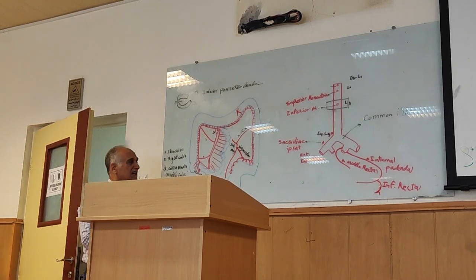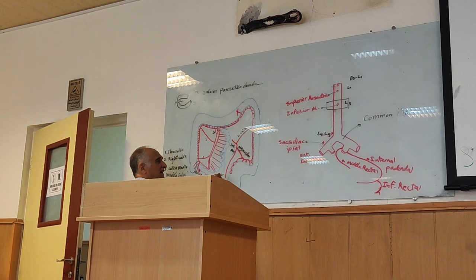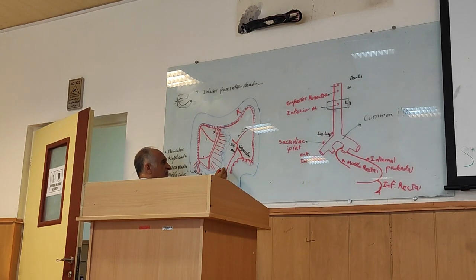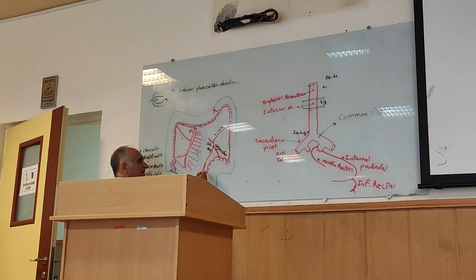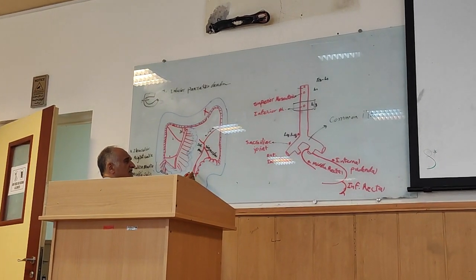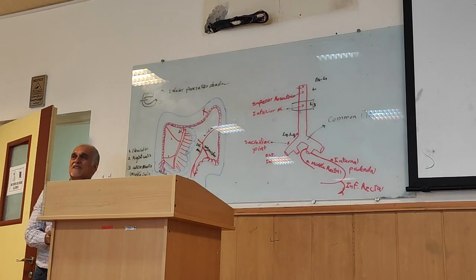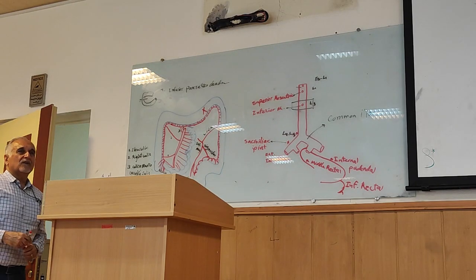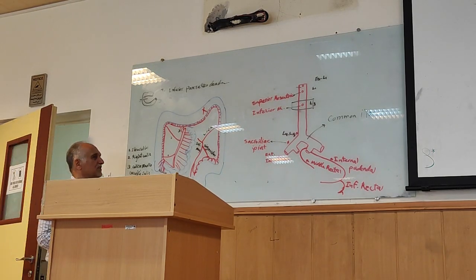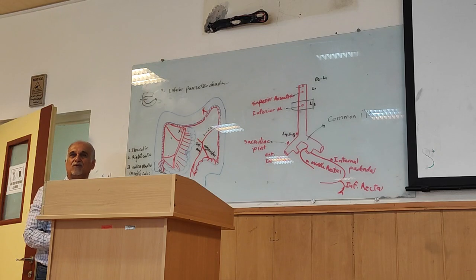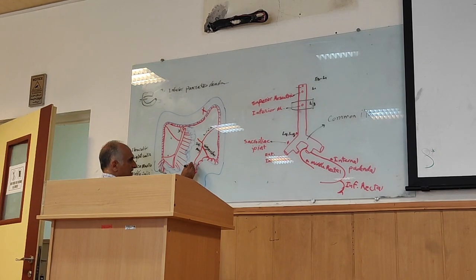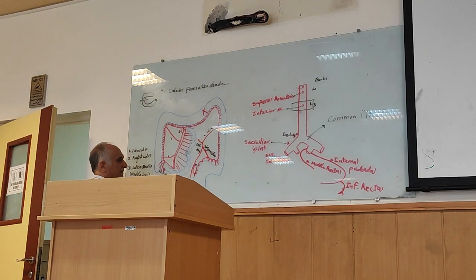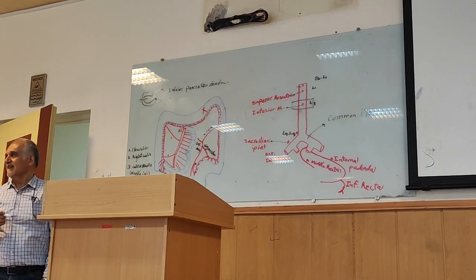And here, finally, before it becomes superior rectal, it has a branch that joins and supplies the most lower part of the sigmoid. If you want to name this, what name do you choose for this last branch?